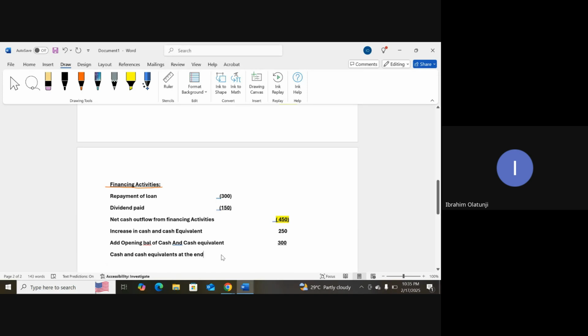If you didn't get that closing balance at the end, automatically something is actually wrong with your calculation. So from the beginning, I will know exactly what I'm going to get at my increase in cash and cash equivalent.